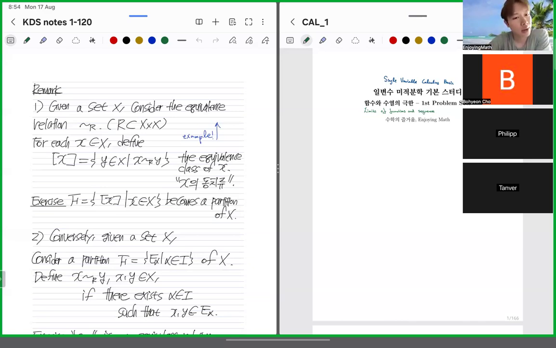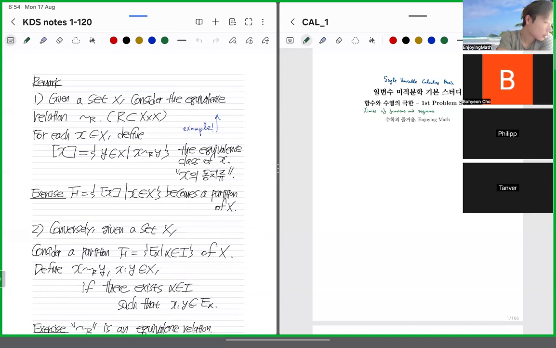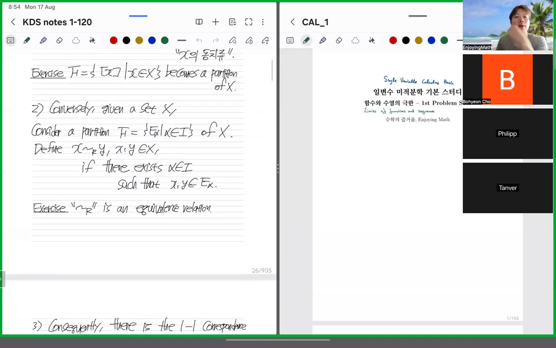So for now, I think it's comfortable for me with the one direction where we start from the equivalence classes, and then maybe we can think about the other way.